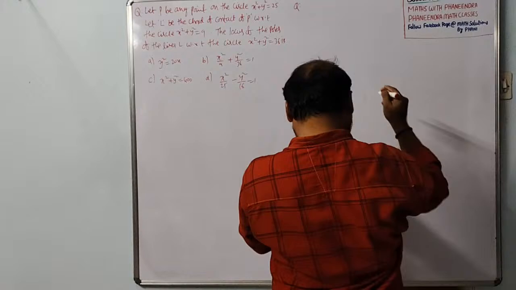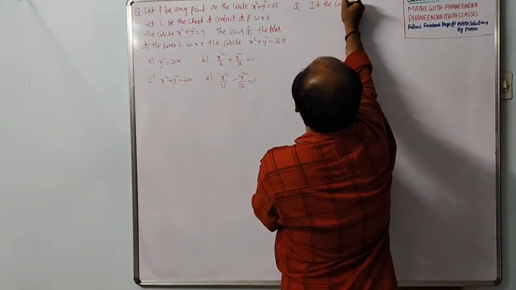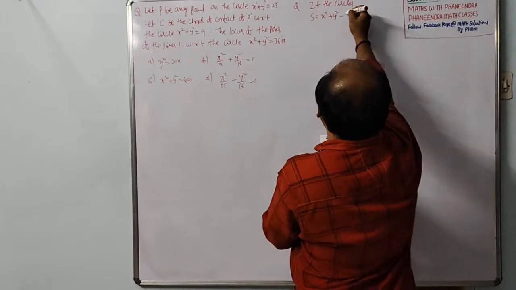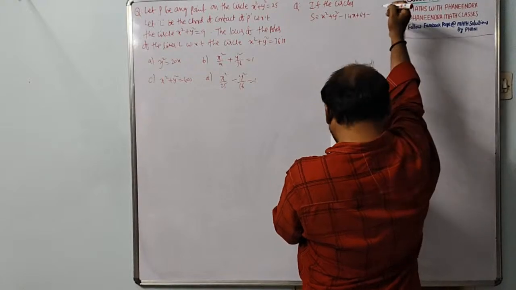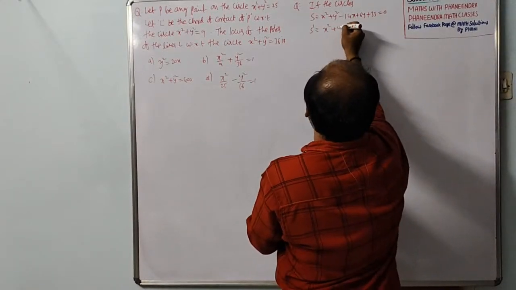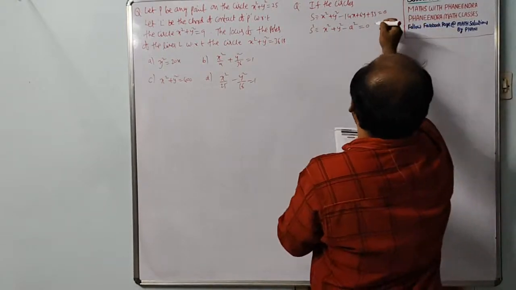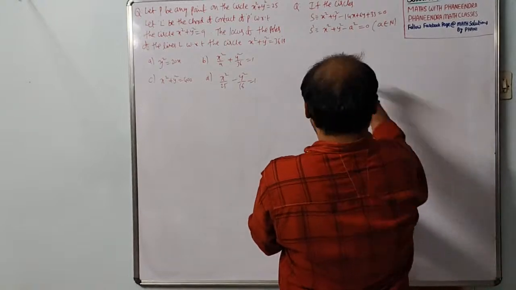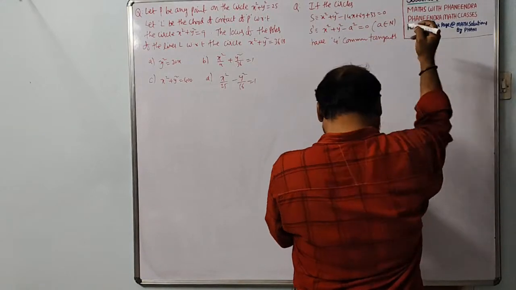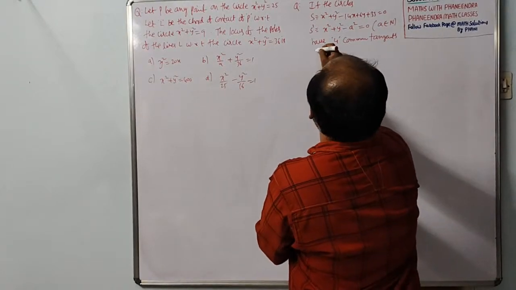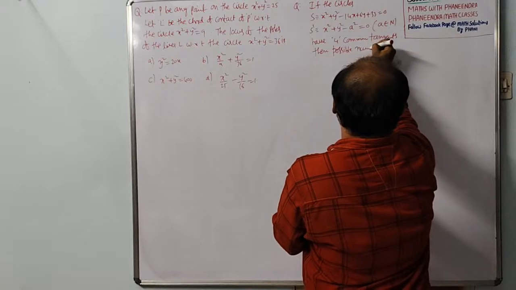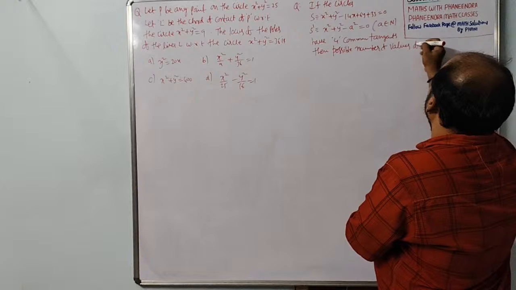Next, another question. If the circles S equal to x square plus y square minus 14x plus 6y plus 33 equal to 0 and S dash equal to x square plus y square minus a square equal to 0, where a belongs to N, have 4 common tangents, then the possible number of values of a are.